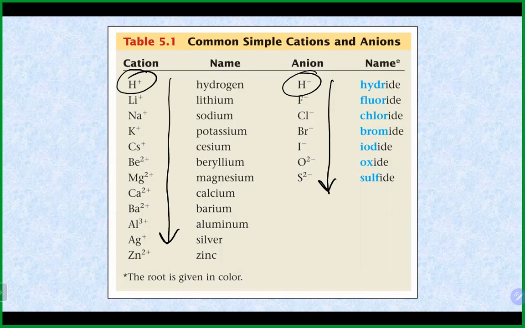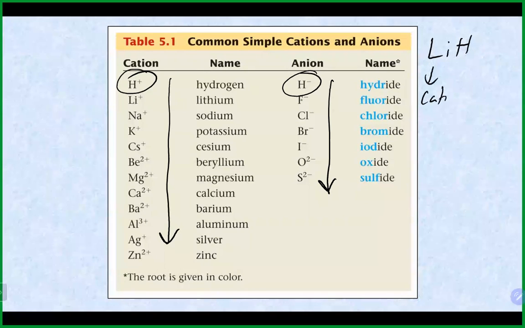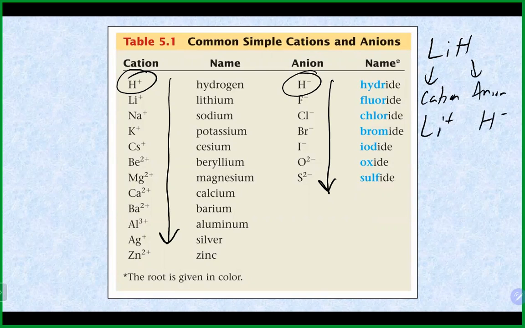So if you have something like LiH, that is a cation, lithium with a +1 charge, and the anion is hydrogen with a -1 charge. So that would be the hydride version of hydrogen. In most cases it will be positive, but that's the one exception where hydrogen will be negative if it finds itself coming after a positive metal. Remember that hydrogen is really a non-metal, right? So that's what happens.